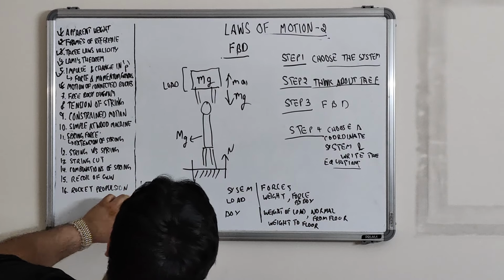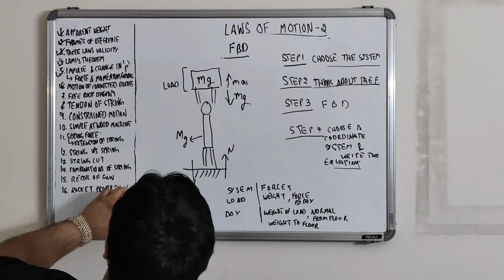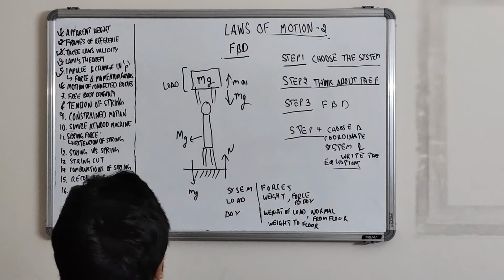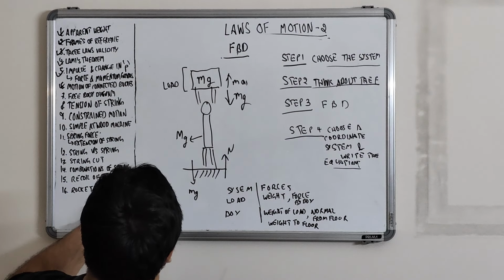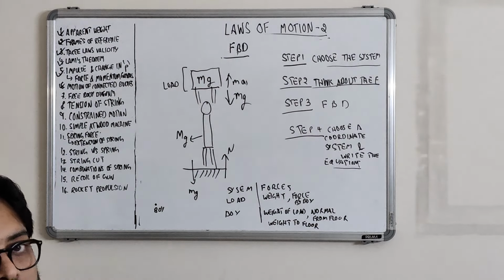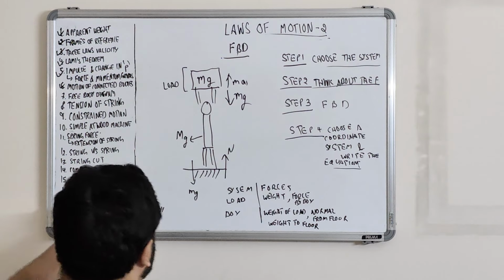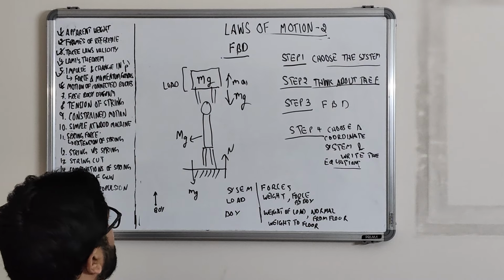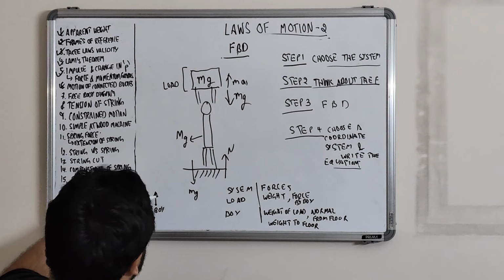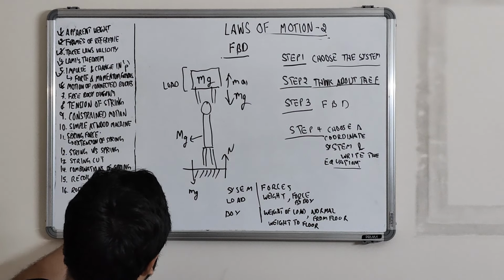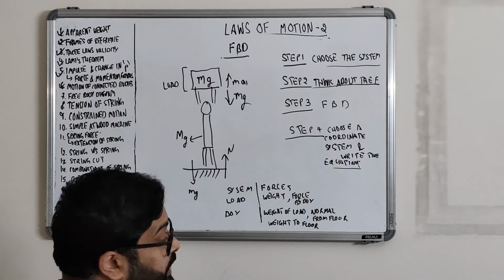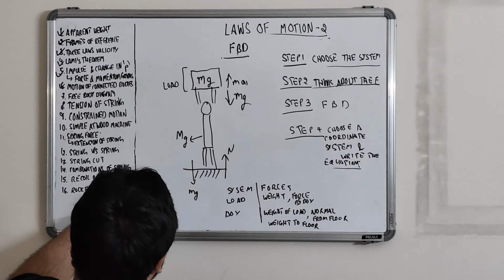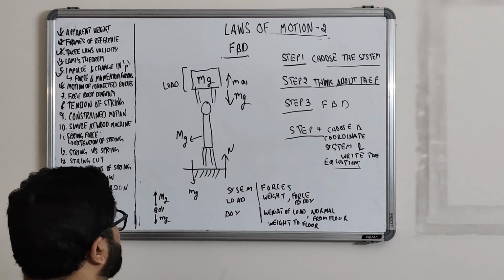Now let's talk about the boy. Now what is happening? The boy does not have any acceleration. The boy is experiencing this weight downwards, mg, and is experiencing a normal reaction according to his weight, that is equivalent to mg, right?